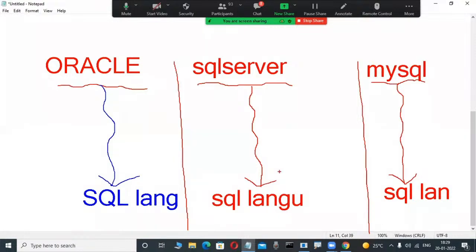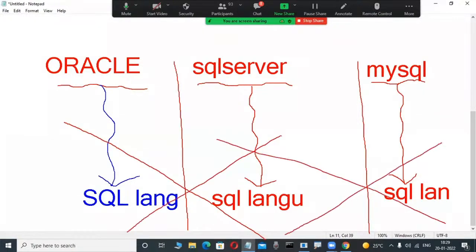Maybe some technical persons in our class are saying it. Are these SQL languages the same or different? Very good. In our class, many people are saying they are the same. That is 100% wrong. These SQL languages are different, not the same. Why are so many students confused?